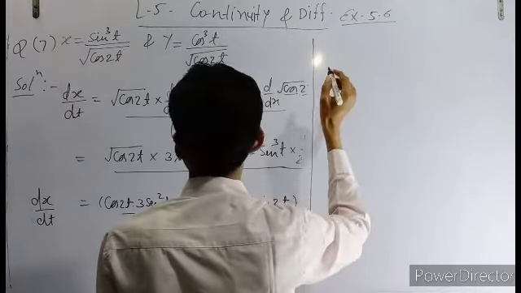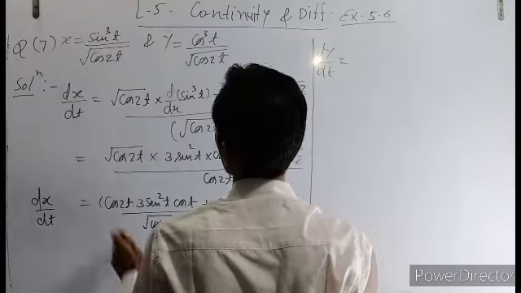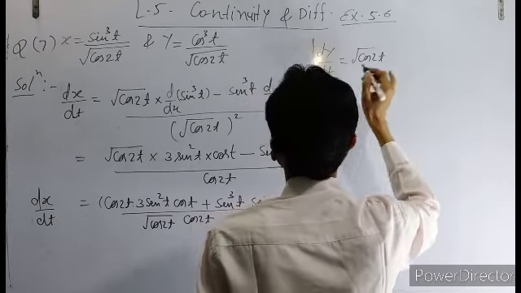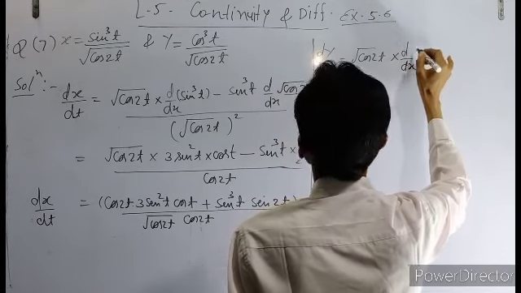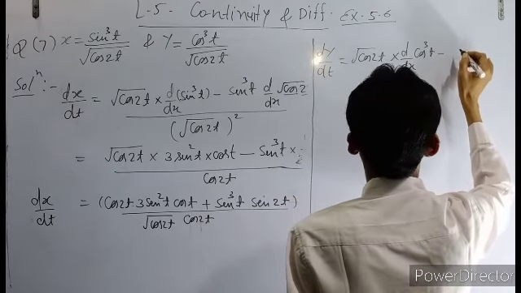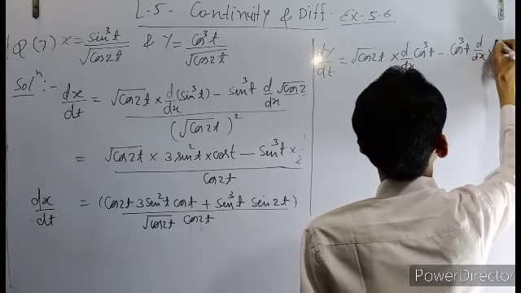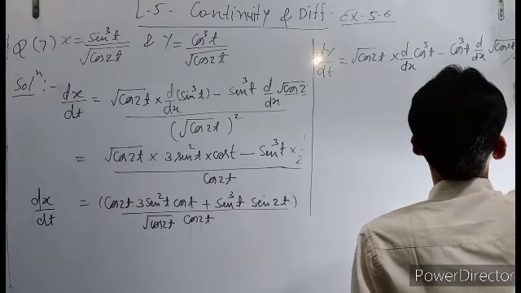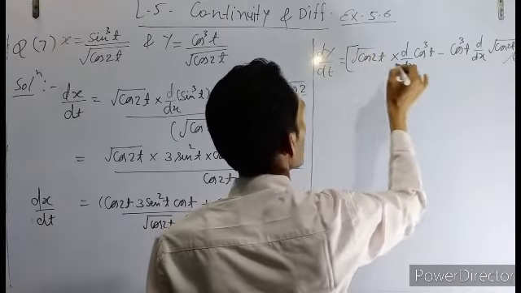Now you can observe that dy by dt equals, just like this one, under root cos 2t into d/dx of cos cube t, minus cos cube t as it is into d/dx of under root cos 2t, upon under root cos 2t whole square, that is cos 2t. In this way you can find it.